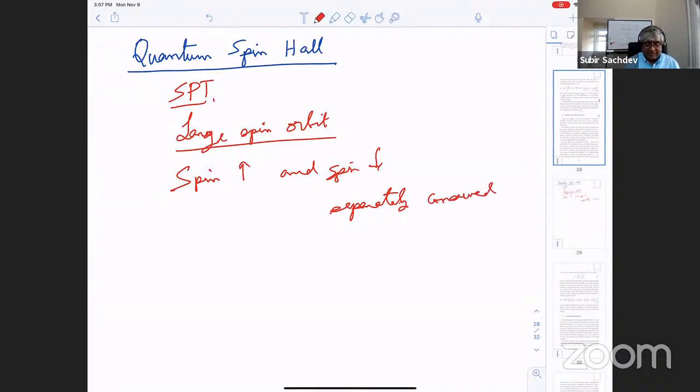Okay, so this is just a model. It may be in some material this could be approximately true, but it's never really true, because the same thing that gives you different band structure for spin up and spin down, which we're going to require, also gives you a spin flip scattering, which we're just ignoring for now. Okay, so you have some material in which spin up and spin down are separately conserved.